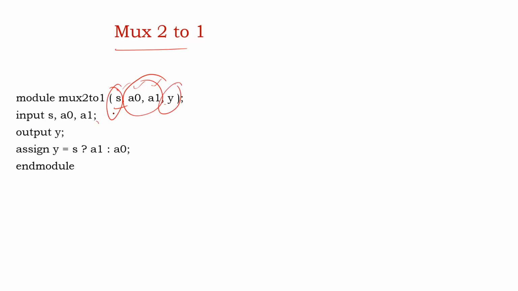You can write this with a conditional statement, the ternary operator: S ? A1 : A0. If the S value is 1, the output is A1. If the S value is 0, the output is A0.